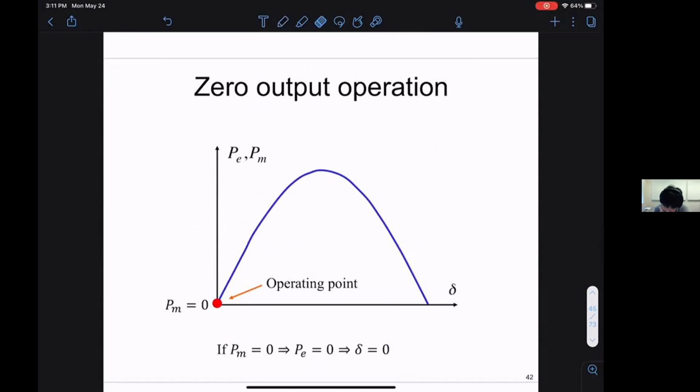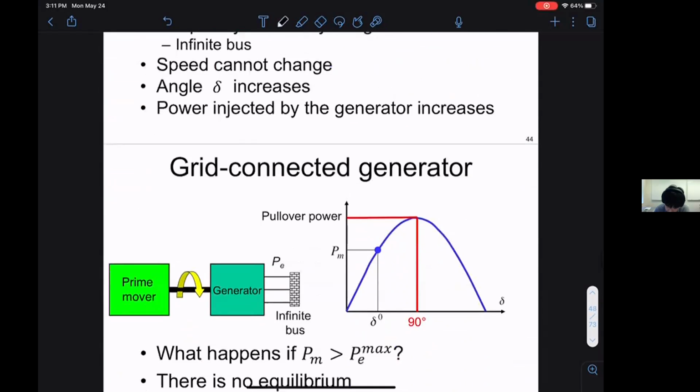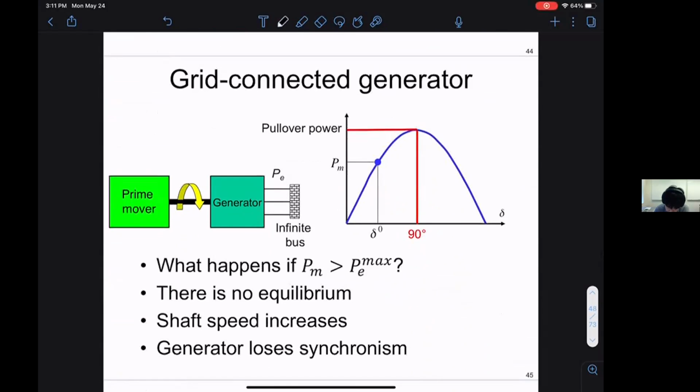Of course you can operate things at 0, which is just 0 angle. Again, sine equals 0 has many solutions. Pick 0. And then we went through what happens when you have a change in operating power. Basically, the idea is do not operate at more than this power. When you're operating your generator, you should never choose this point.